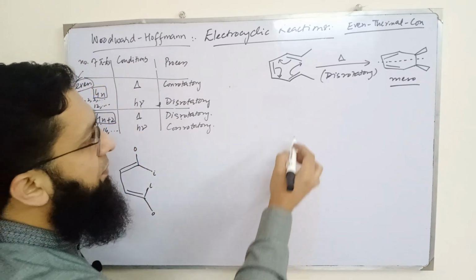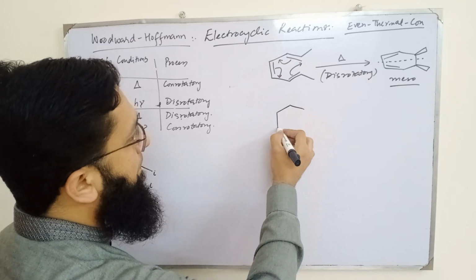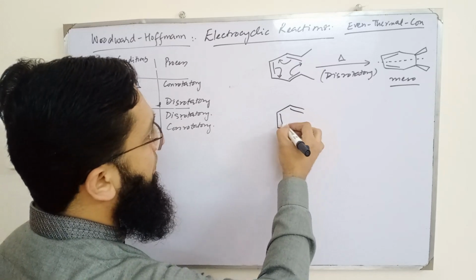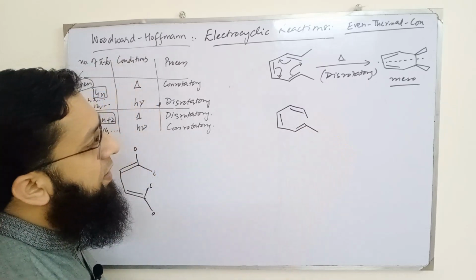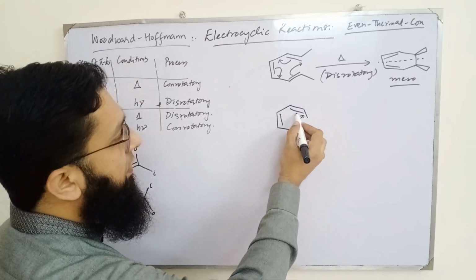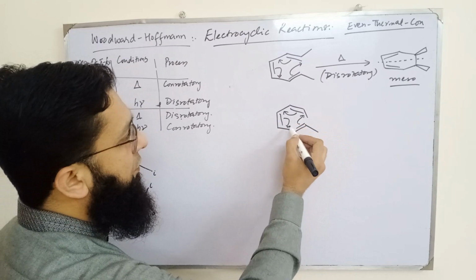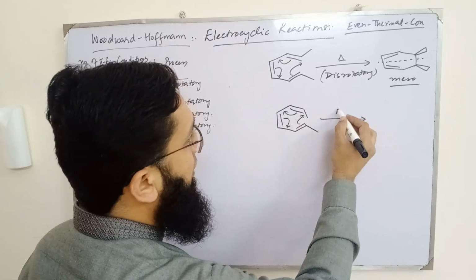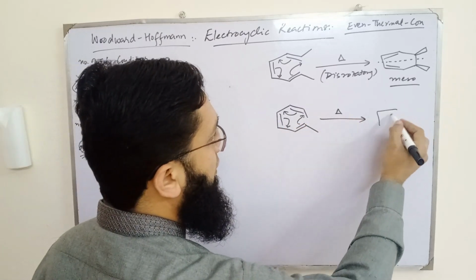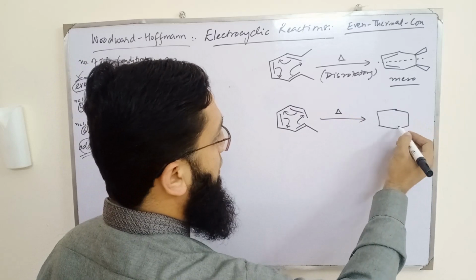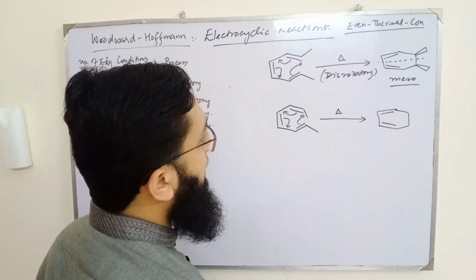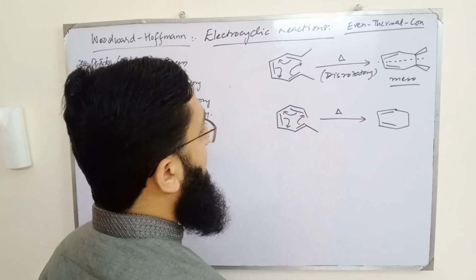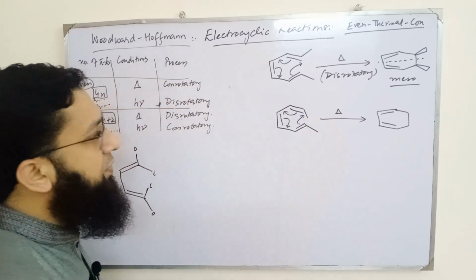Now we see another example. In this case again we have 3 electron pushing arrows for a ring closing reaction. The reaction is thermal, and we get cyclohexadiene, and now we see the stereochemistry of the substituents.